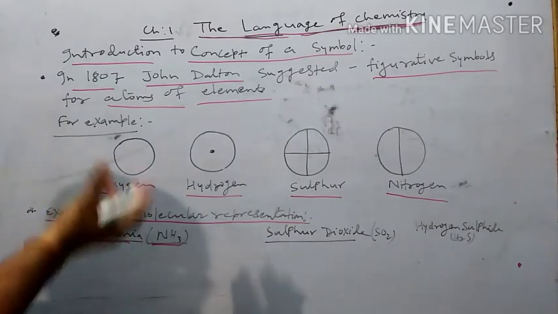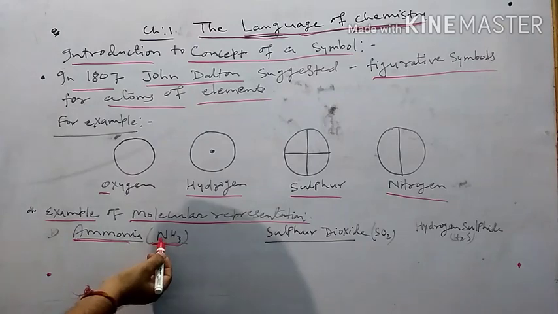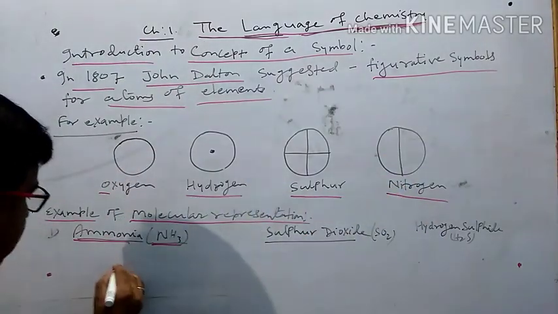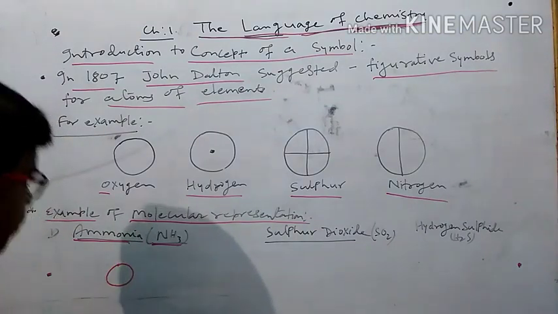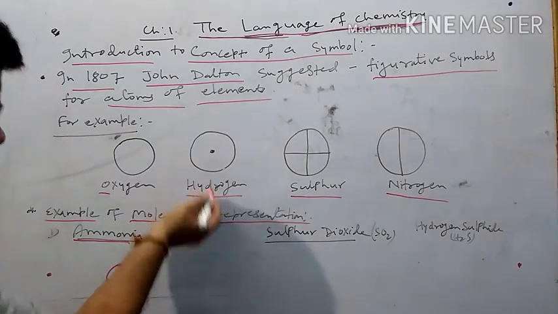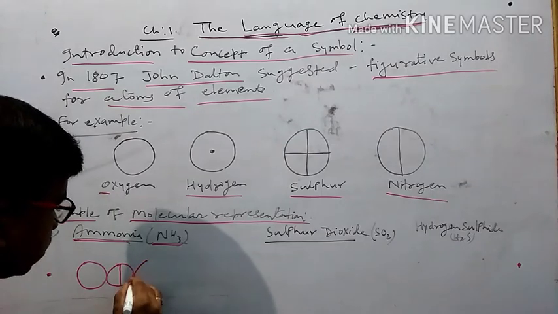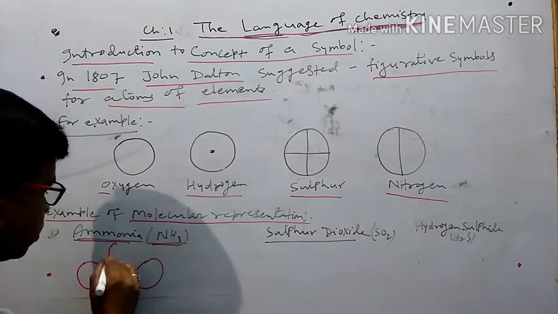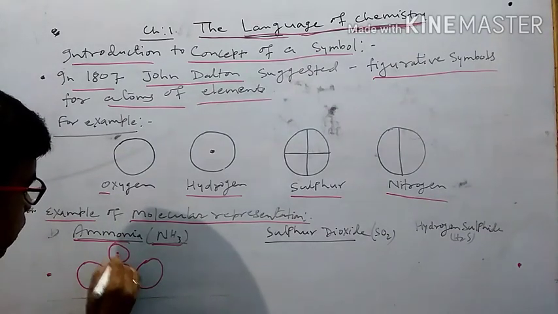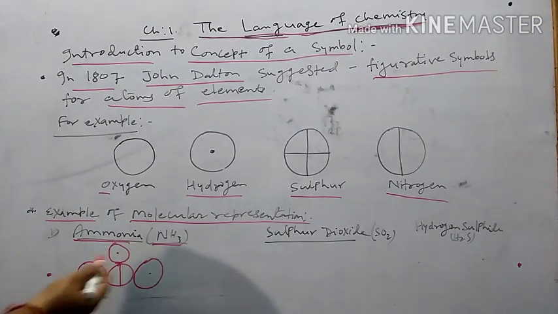What is the figurative symbol of ammonia? In NH3, N is nitrogen, so here the structure is N. H3 is hydrogen: one structure, two structures and three structures, each one a spot. So this is the figurative structure of ammonia.